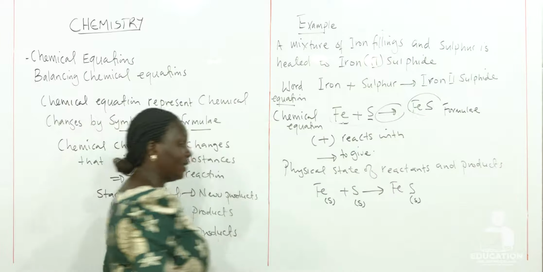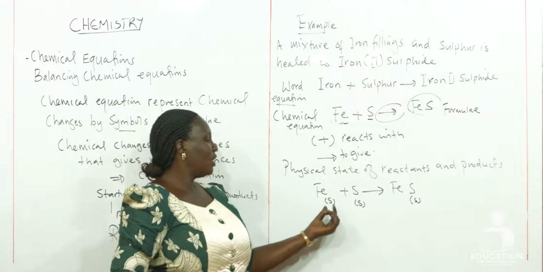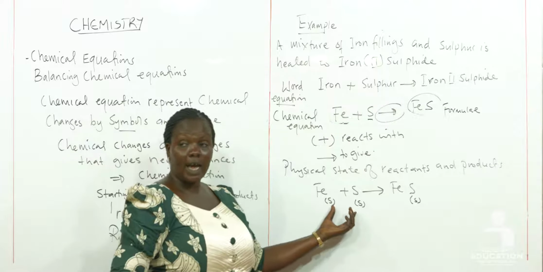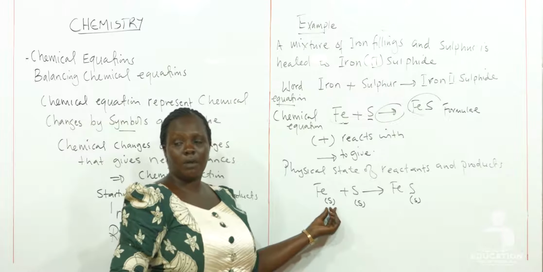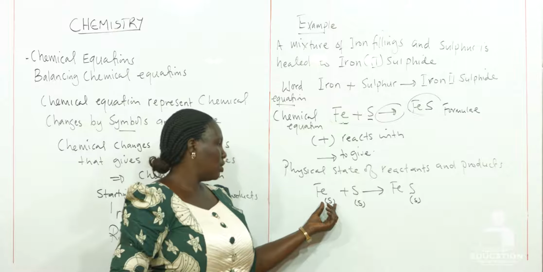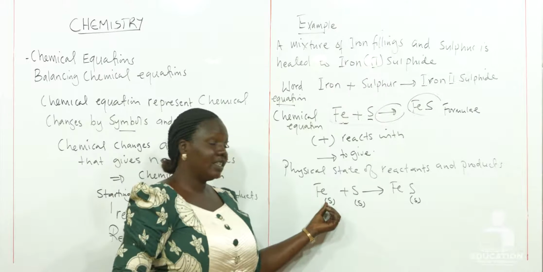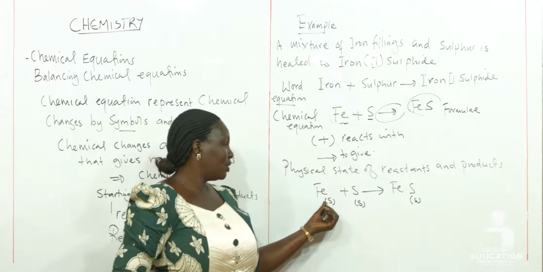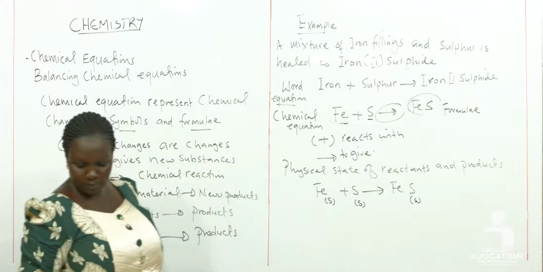So the physical state is indicated using symbols written at the side of both reactants and products, and they are usually enclosed in brackets. When you see a symbol near the reactants and the products enclosed in brackets, this indicates the physical state of the reactants and of the products.